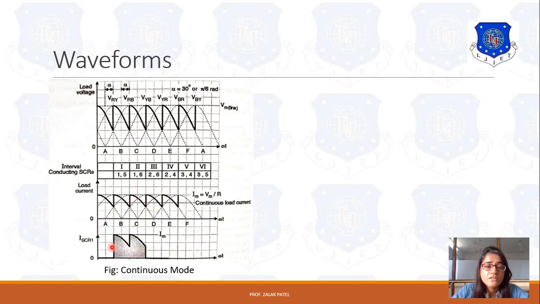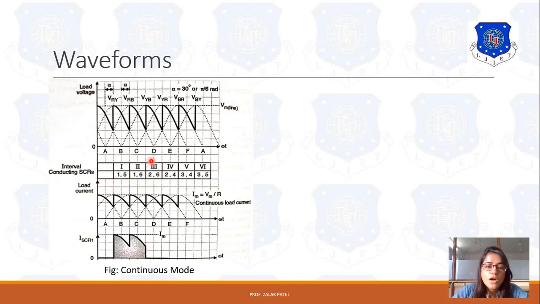Here in mode 1, or the first interval, SCR 1 and 5 will conduct, and in the second, 1 and 6 will conduct.